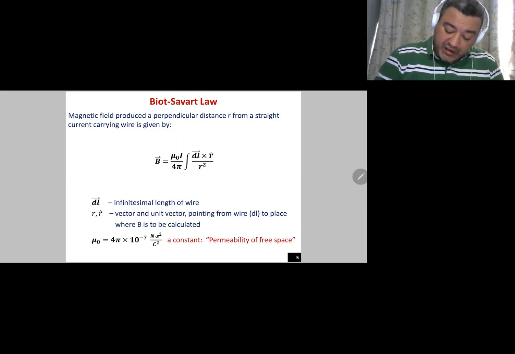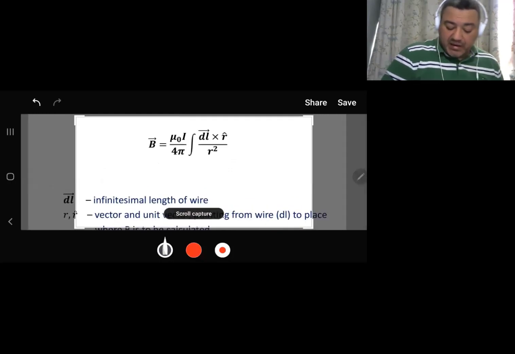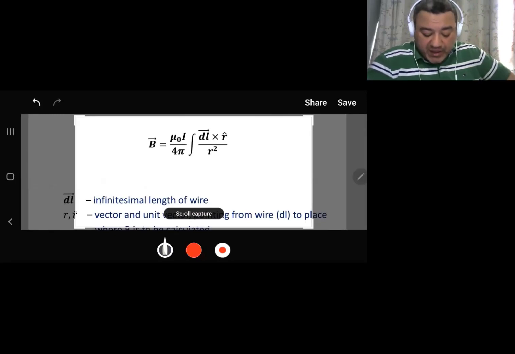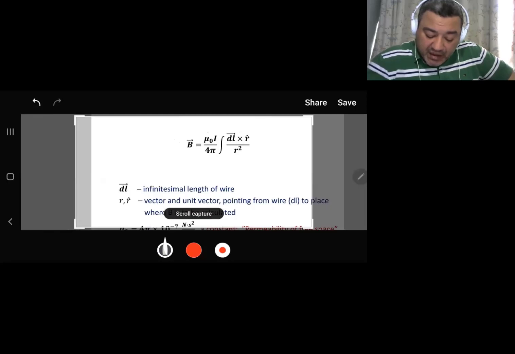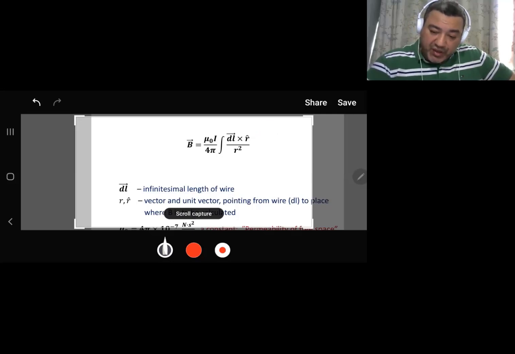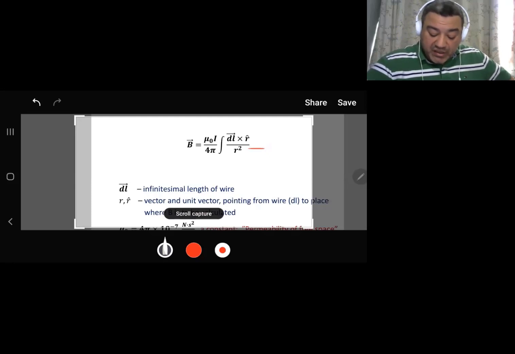The equation that represents this magnetic field is given as B equals mu naught, where mu naught is the permeability of free space, integration for the differential element dl vector cross the unit vector of the displacement vector between the differential element and the point of interest divided by the distance squared.